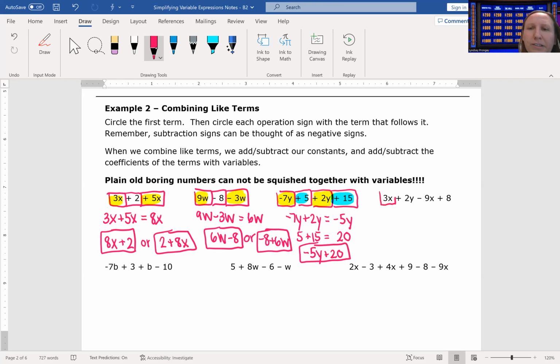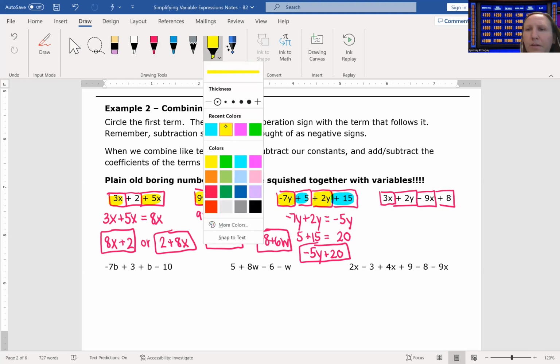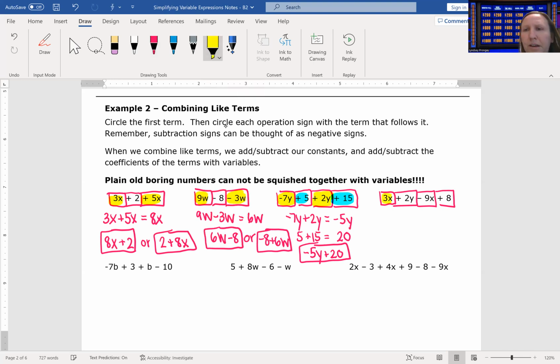Next one, 3x plus 2y minus 9x and plus 8. Here I can put together my 3x and my negative 9x. And that's really all I can do here. Okay, so we have 3x minus 9x.